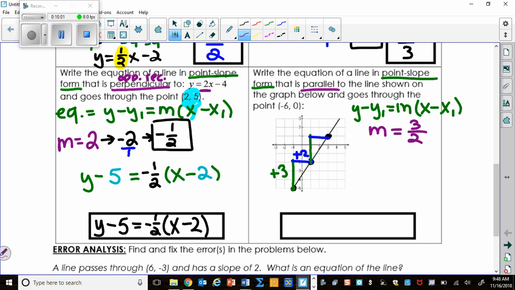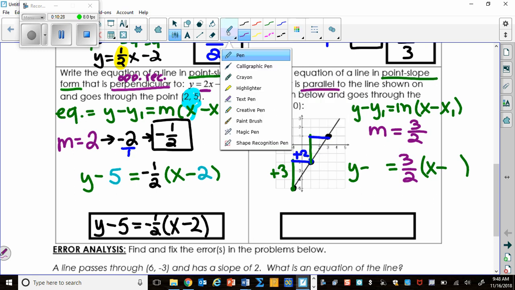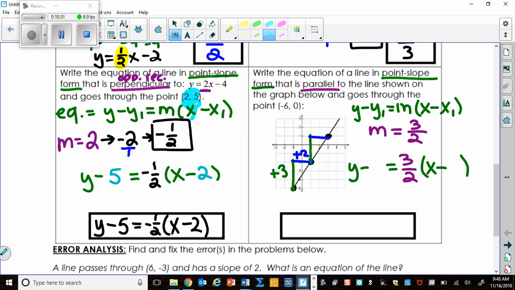So my problem is asking for my answer in point slope. What I'm going to do is fill in the original part of the equation, and then my slope was 3/2. I'm going to replace that with m, and then my point is -6, 0, so let me highlight that in that blue color so you guys can see.